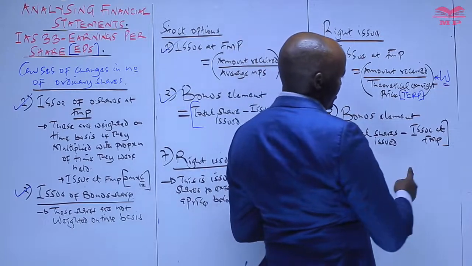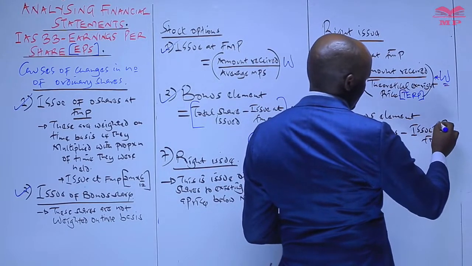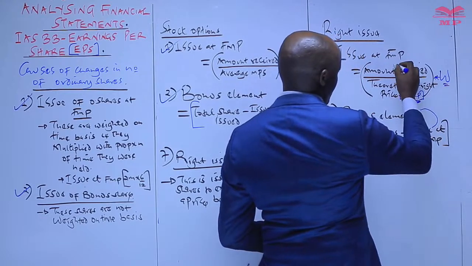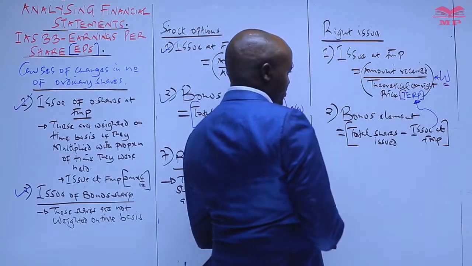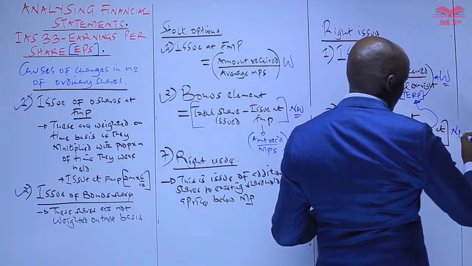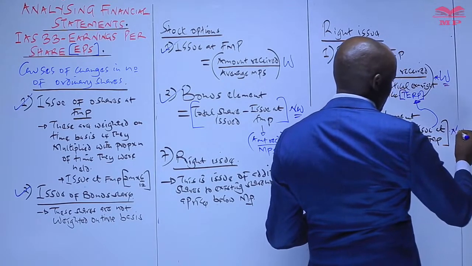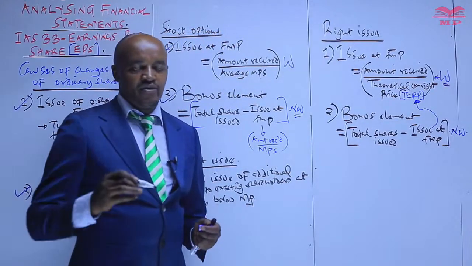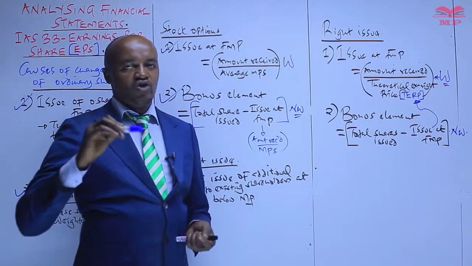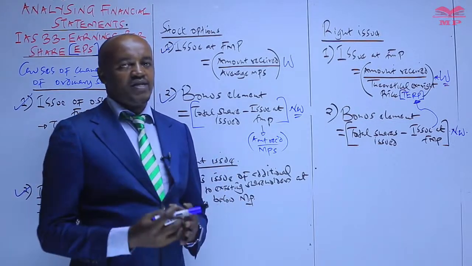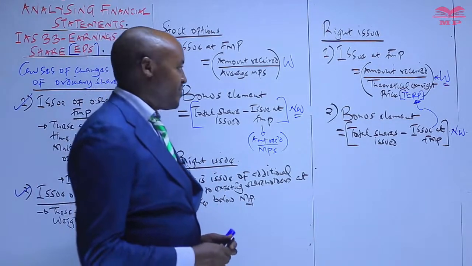And remember, to compute the shares issued at full market price, this is the formula which we apply: amount received divided by the theoretical ex-right price. And these shares here are not weighted on a time basis. And equally, if we are given information about the previous financial year, you also use the bonus element in restating the earnings per share of the previous year.